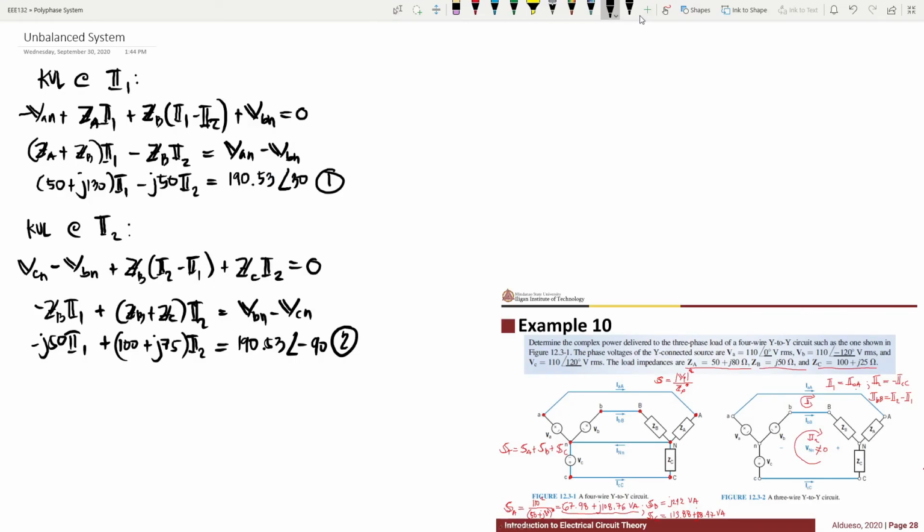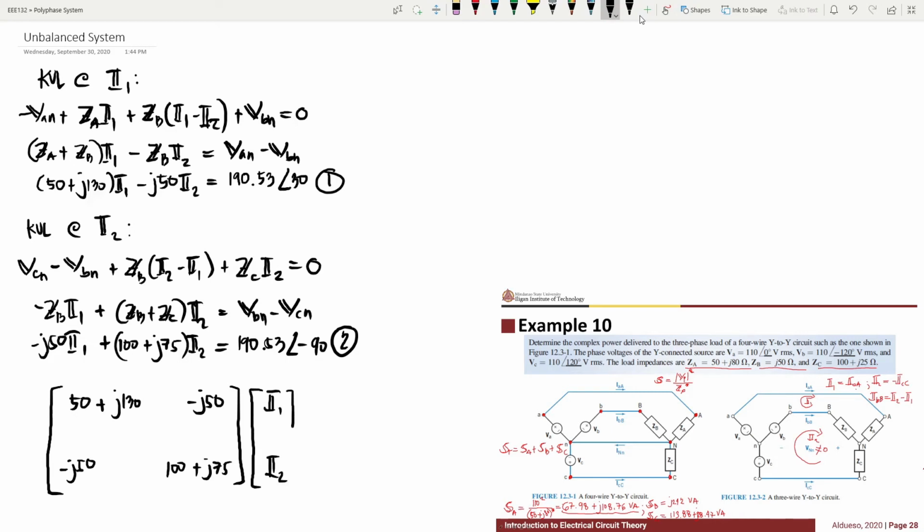You have the matrix 50 plus j130, then negative j50, then negative j50, 100 plus j75, and this is I1, I2, equivalent to 190.53 angle 30 and 190.53 angle negative 90. Now we can solve for I1 and I2.